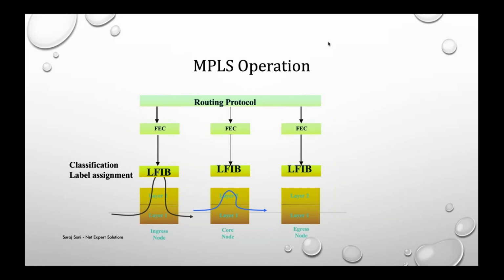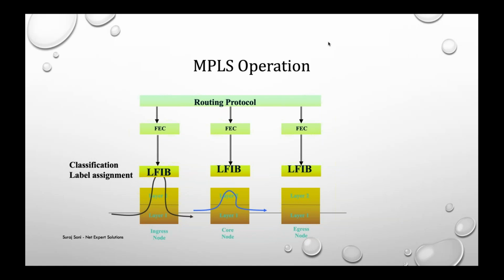Then after doing the routing, I will see in my forwarding table who is my next hop, and what is the appropriate label for that. That information gets combined, and then that packet becomes an MPLS packet.